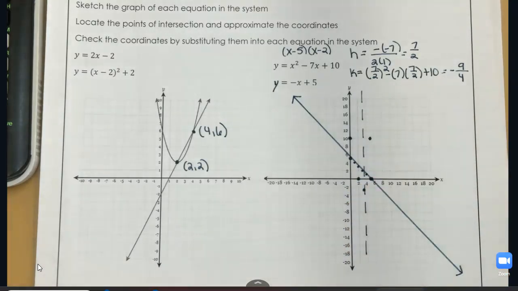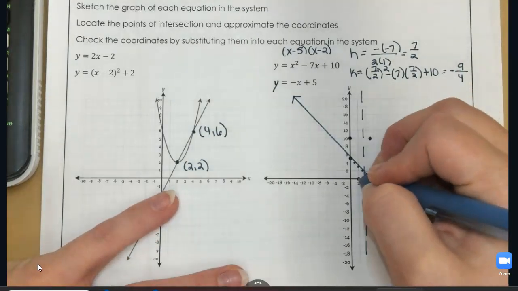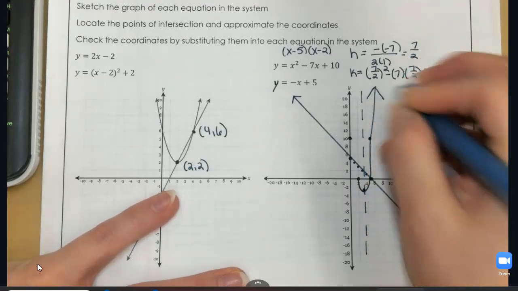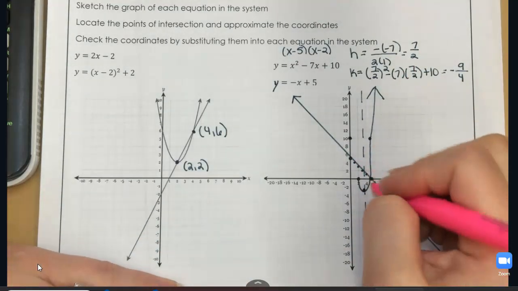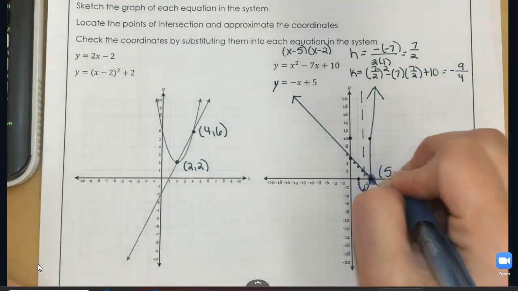So looks like I already found one point where these two guys are going to cross paths. So if I'm connecting my dots, here's my parabola. Right here I've got a point where they are both, and that is at the point 5, 0.